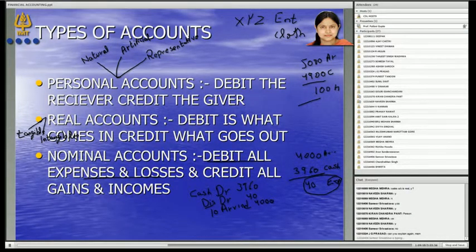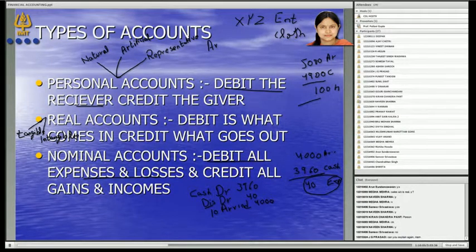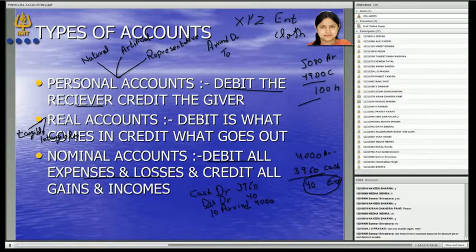So now I have paid it, so debit the receiver. Amrit is the receiver, so Amrit debit 5,000, to cash 4,900 as I have paid the cash, and this 100 is the gain for me.